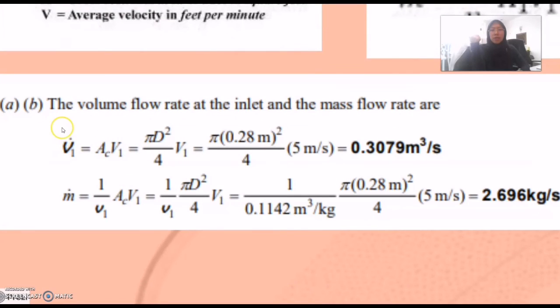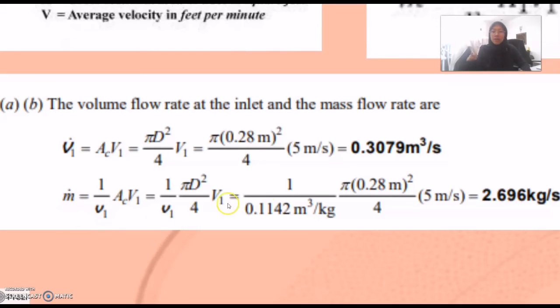With the formula V dot or Q equal to area times velocity, we find the area first, we input the velocity of 5 meters per second, and we get the answer 0.3079 m cubed per second. Now we look at m dot, equal to 1 over specific volume times area times velocity.